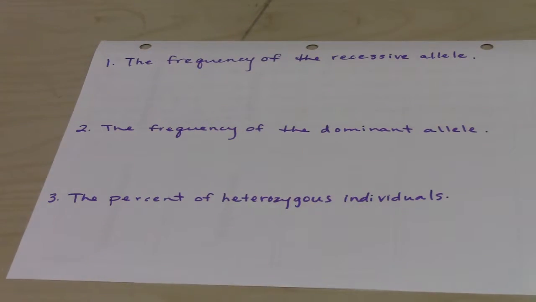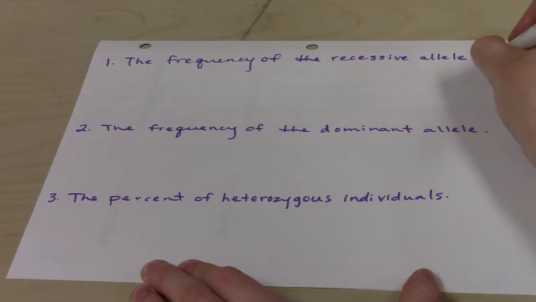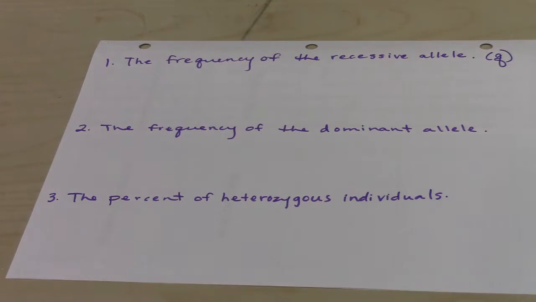So number one, the frequency of the recessive allele. First of all, we just need to figure out what that means. The frequency of the recessive allele can also be written as Q. It's easy to find Q because we know how many recessive individuals there are.